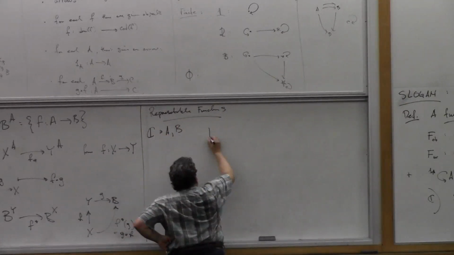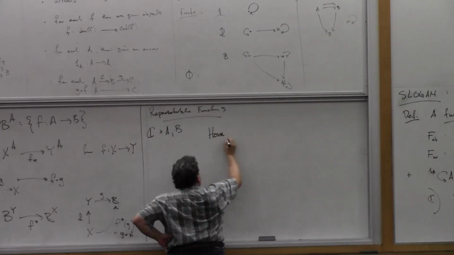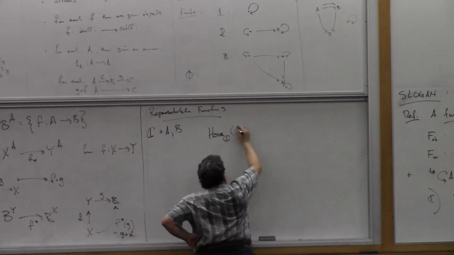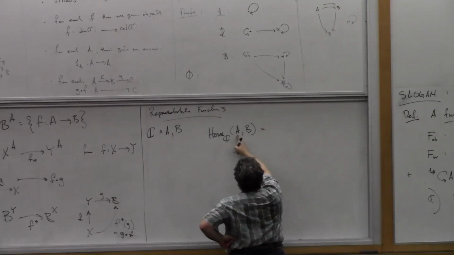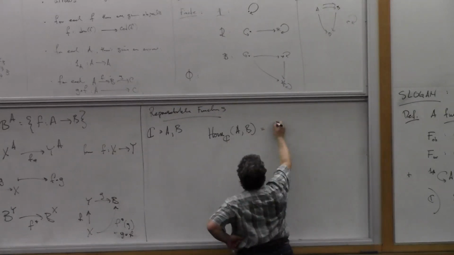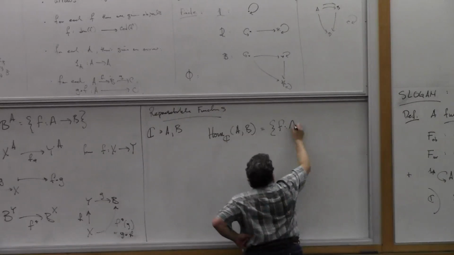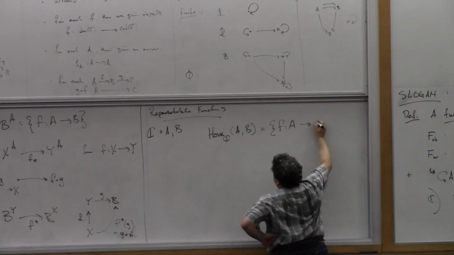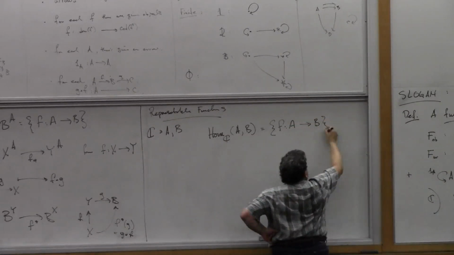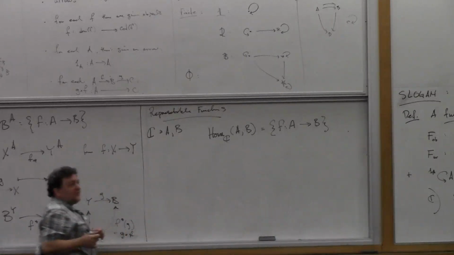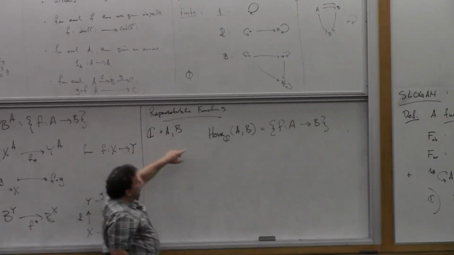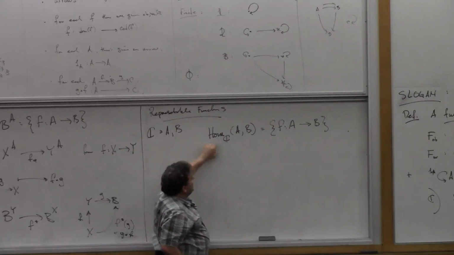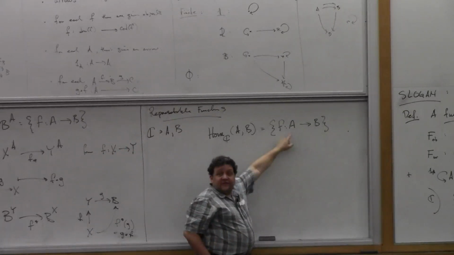And now I make the set, which I'll call Hom_C if I need to be specific. So this is the set of all arrows from A to B in the category C. Why is it a set? Because I'm assuming that C is small. If I ever say that something is a set, it means I've assumed that it's a set. So I assume that C is small. I take this collection of all arrows like this.